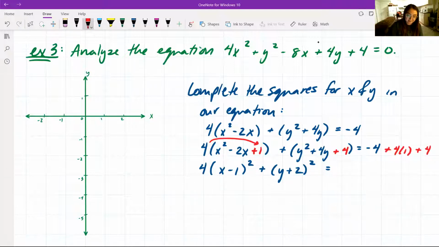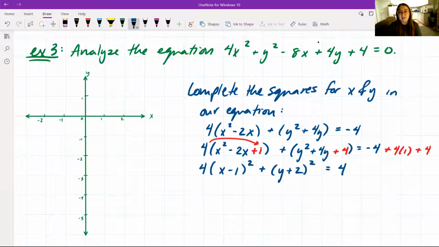So now, adding these values together, we get negative 4 plus 4 is 0, plus 4 is going to be 4. So we have 4 times x minus 1 squared plus y plus 2 squared is equal to 4. And of course, we want this in our proper form.